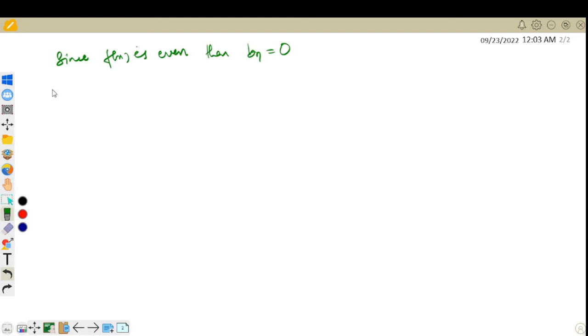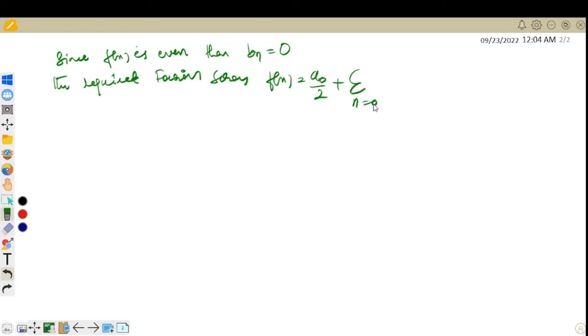Then the required Fourier series, after bn is 0, is f of x is equal to a naught by 2 plus summation n runs from 1 to infinity a n cos nx.